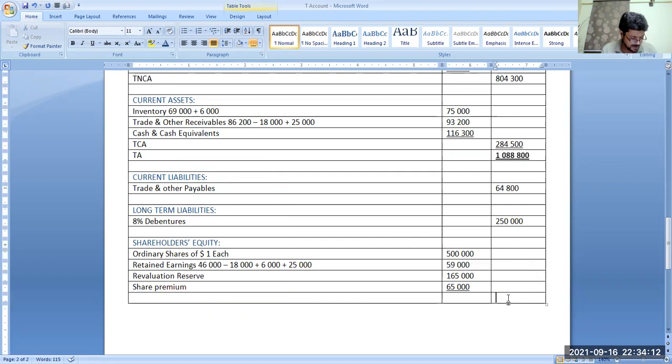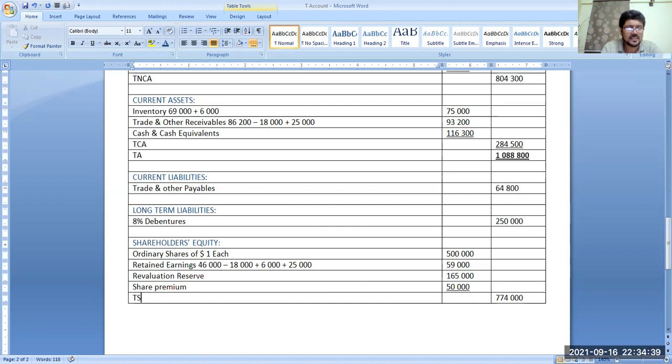So this is 700, so share premium is 50,000. Oh, sorry. Minus 50. So that is 774. Total shareholders equity 774,000. Done.